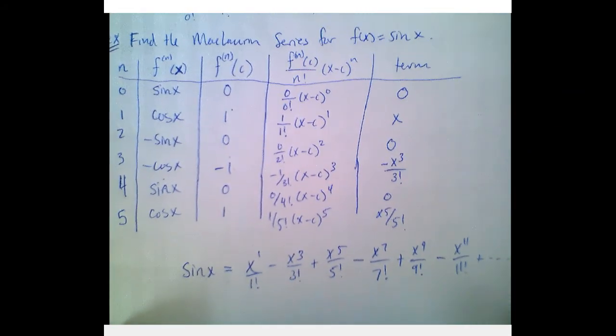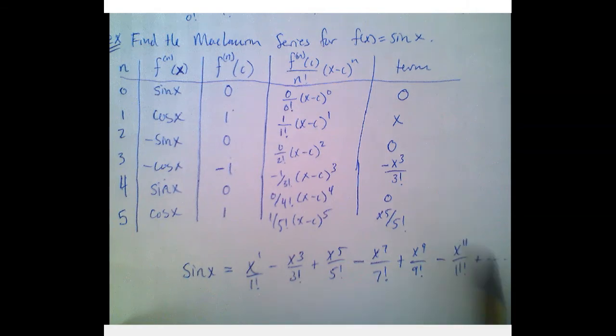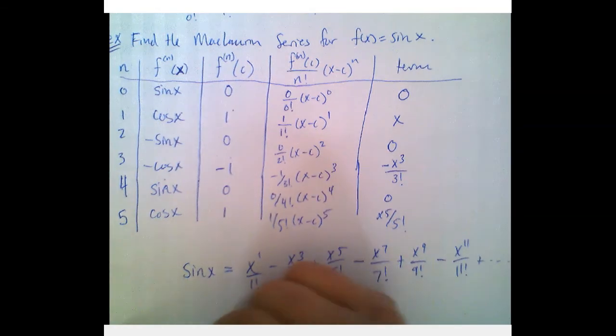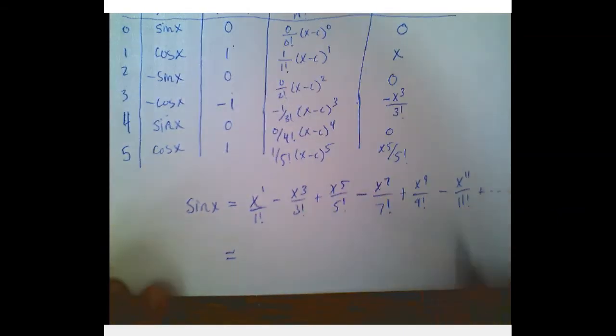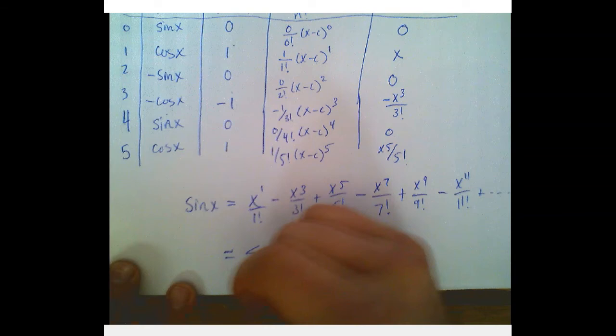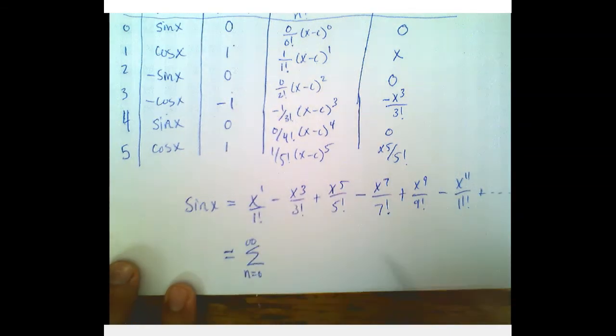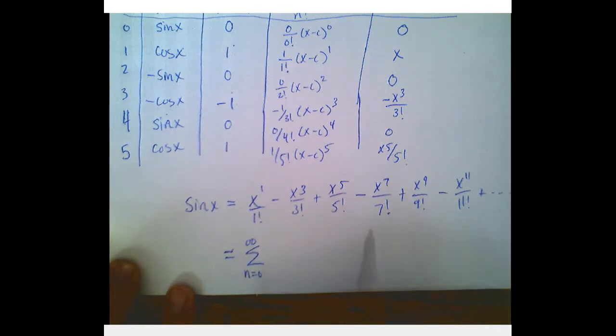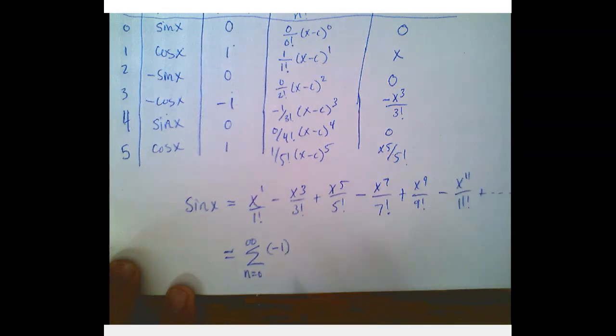Okay. So the sine function is approximated by this infinite series here, which we can condense into summation notation. Let's say the sum, n goes from 0 to infinity. Now we're going to have some alternation in the sign, so we need an alternating term here.